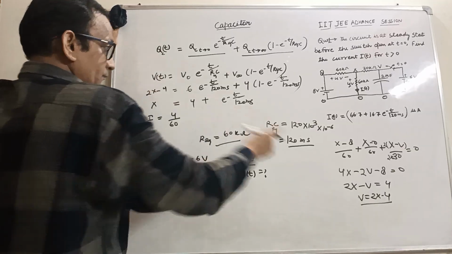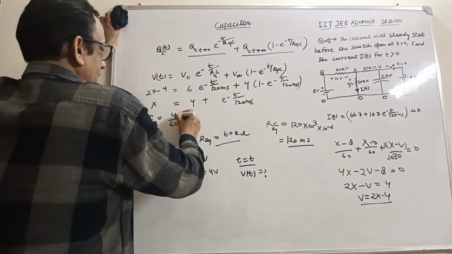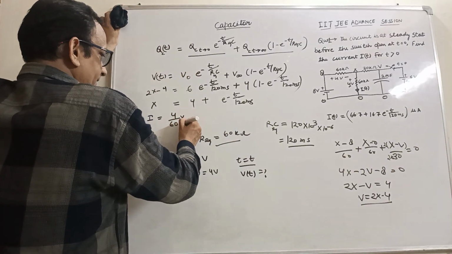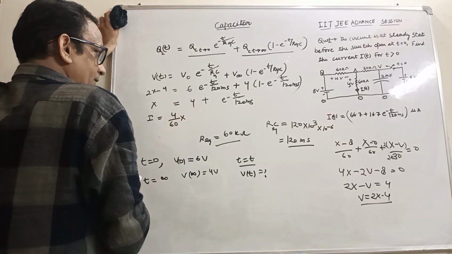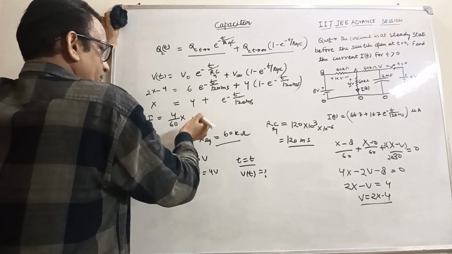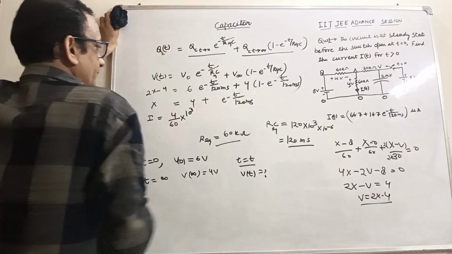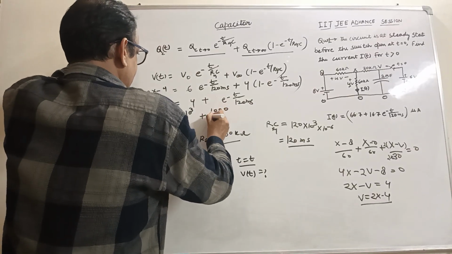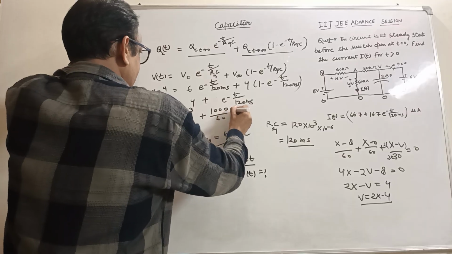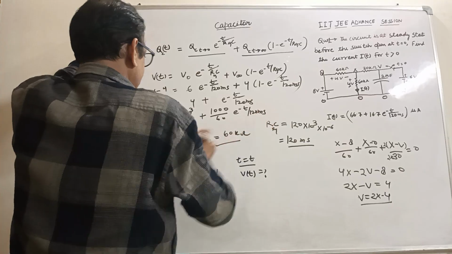So we have to write the final current in micro. So 10 raised to power 3 here, and for micro this would be 10 raised to power 6 multiplied over. So 10 raised to power 3 here and 10 raised to power 3 here upon 60 e raised to power minus t by 120 millisecond.